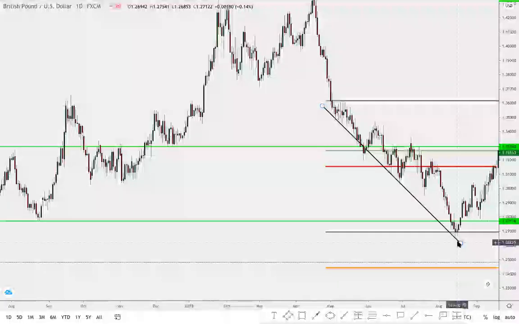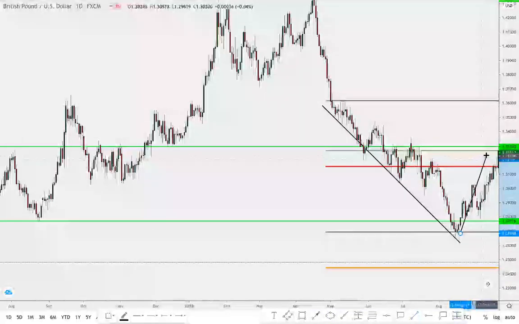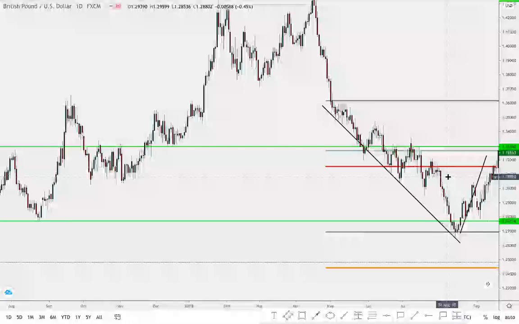So it's a possibility that we want to have a quick pullback. So this is why it's important for you to zoom out. So it'll help you identify, okay, are we changing a trend or are we just going for a bigger retracement?